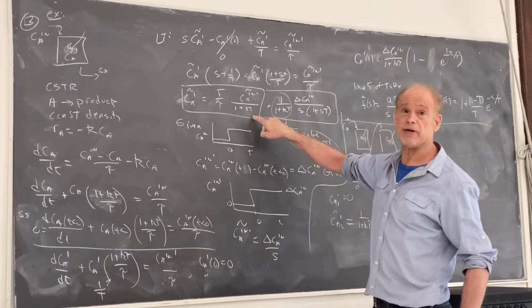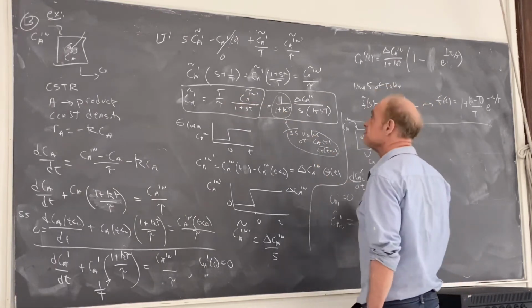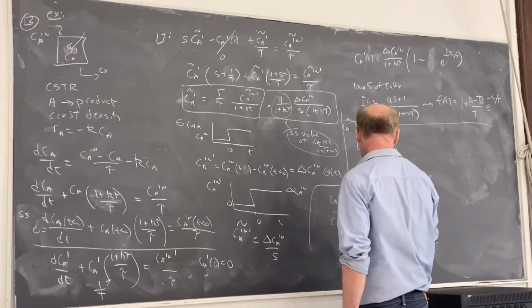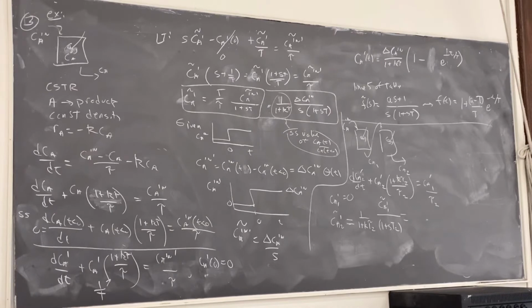So I'm just copying from here. It's the exact same algebra, but now I have CA1 prime tilde instead of CA in prime tilde. Up to here, it's exactly the same algebra. No need to do it again.